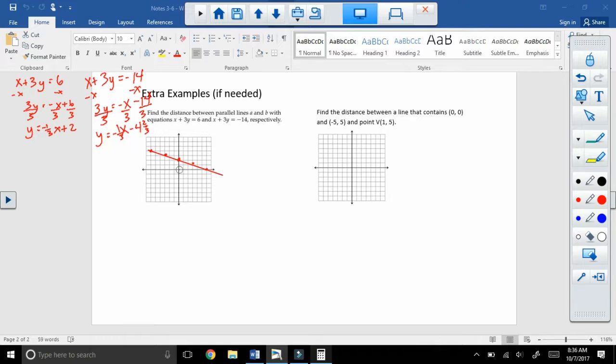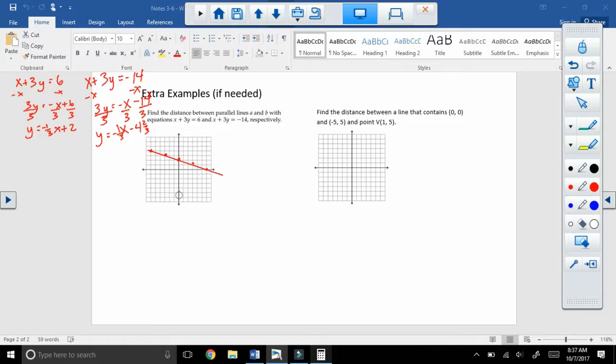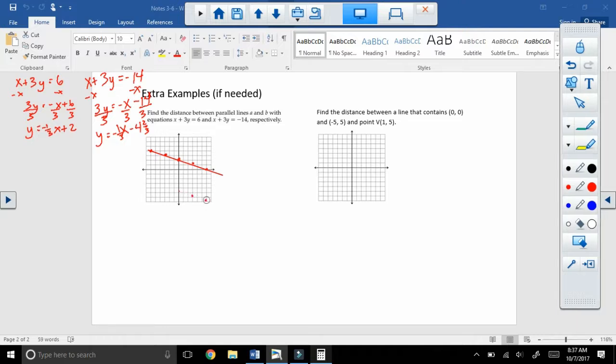So I'm going to do an approximation here. Negative 4, 1, 2, 3, 4, and negative 2/3 is right around here. And then I can go down 1 from there and over 3 and keep continuing that pattern.